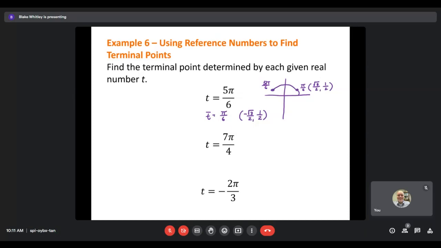So again, think about your t-value, find its reference number, find the ordered pair at your reference number, and then adjust the signs based off the quadrant that you're in. So let's do 7 pi/4. Again, we already found our reference number on the previous example. That gave us pi/4. Pi/4 is going to be right up here.